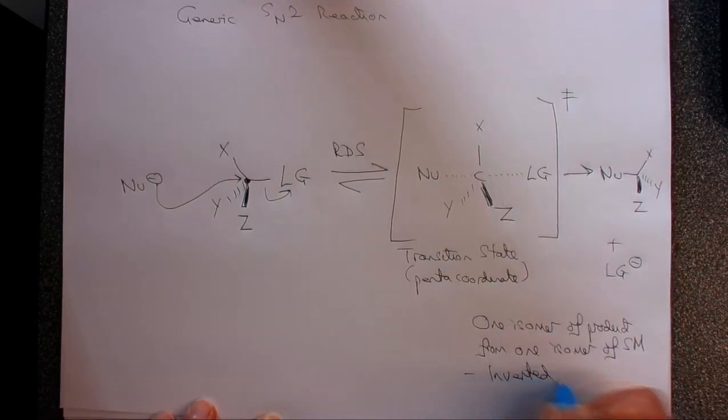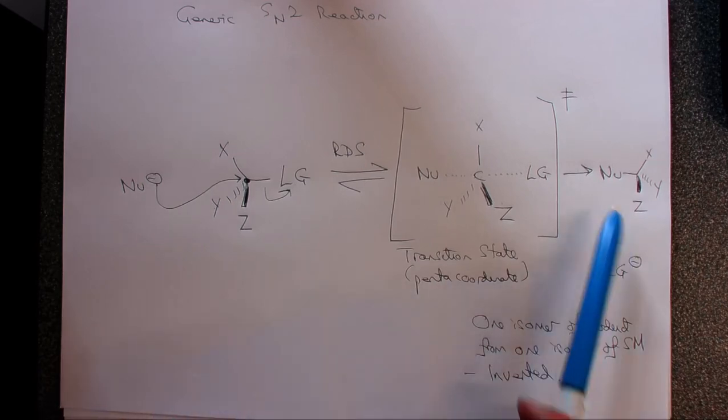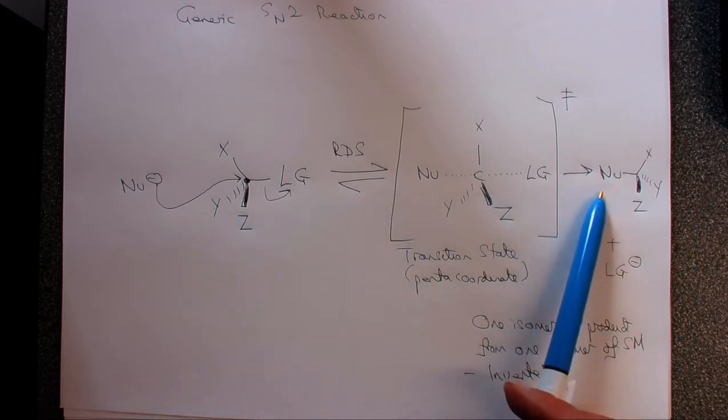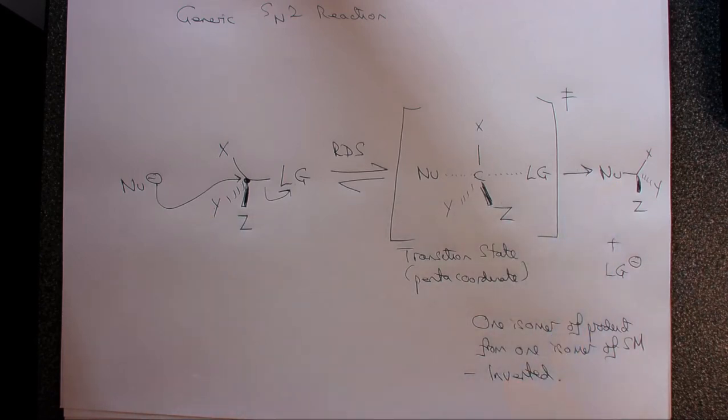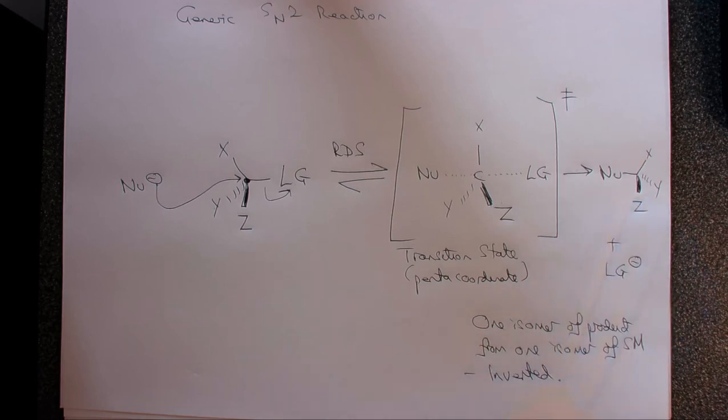So that's really useful if we're doing our drug design and synthesis and we want to make a single isomer, then if you do an SN2 reaction, we'll be able to make that single isomer. Remember, this is important because different isomers can have different biological and therapeutic properties. So if we want to make a specific isomer, then we could do that using the SN2 reaction.